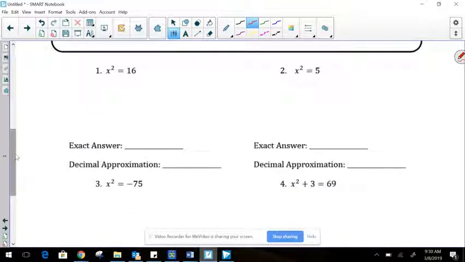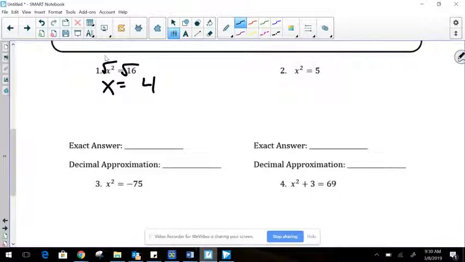So first one, x squared equals 16. You notice 16 is a perfect square. So when I take the square root of both sides, the square root cancels with the squared. Okay, so this square root is undoing the squared. So I'm just left with x. Now, the square root of 16, if you plug in your calculator, it's just going to say 4.